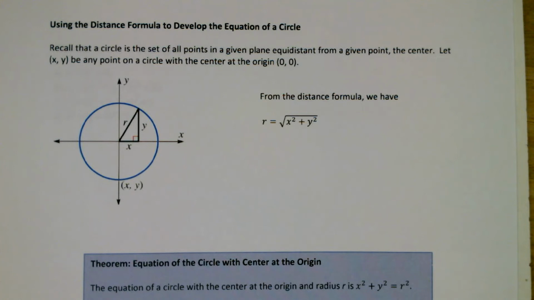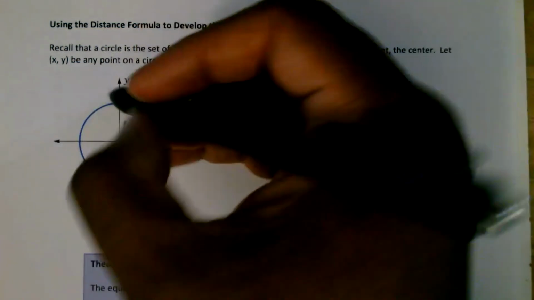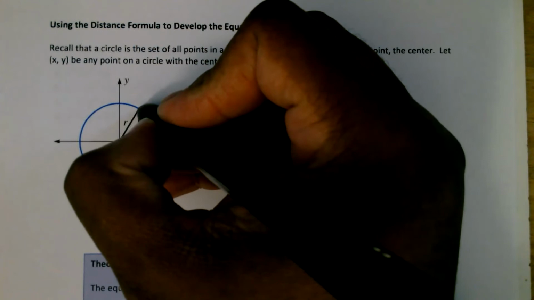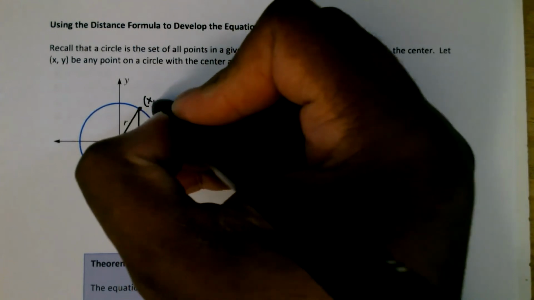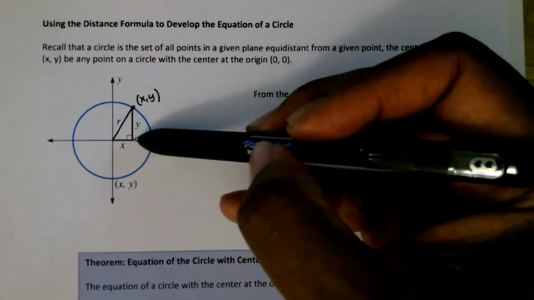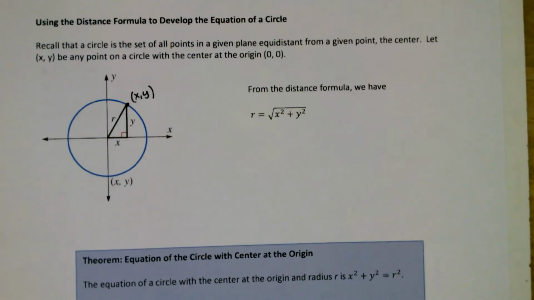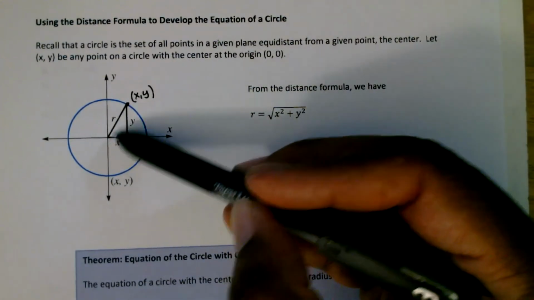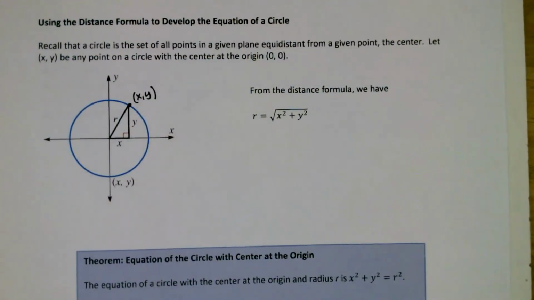Let's say we let x and y be any point on the circle with the center at the origin (0, 0). So the point (x, y) is up here, x units to the right and y units up. From the center of the circle to the point on that circle, that is your radius.